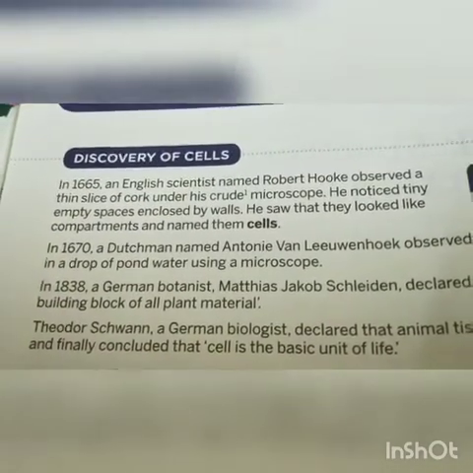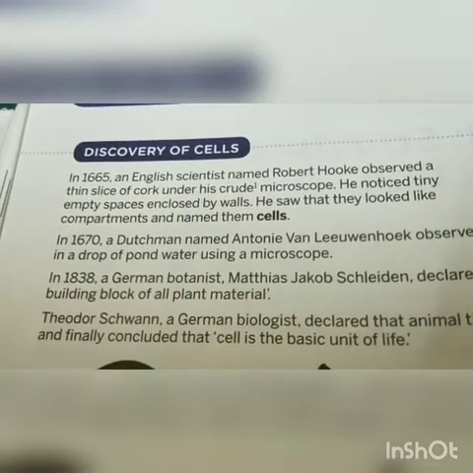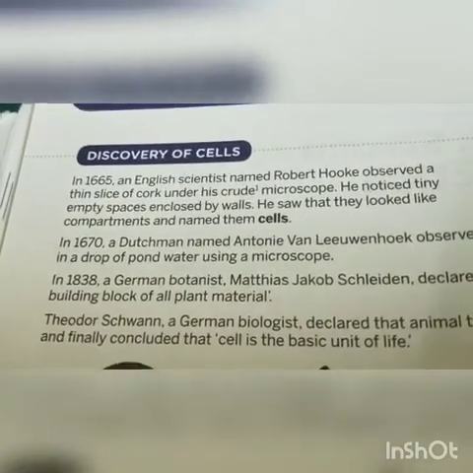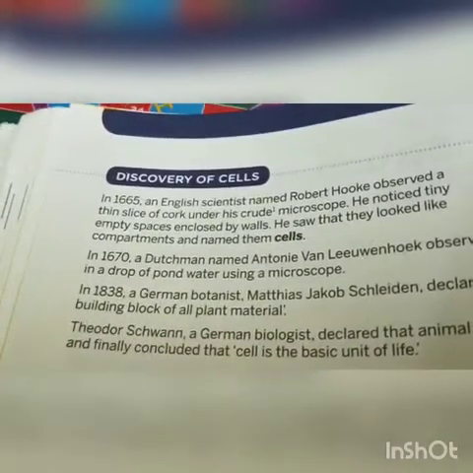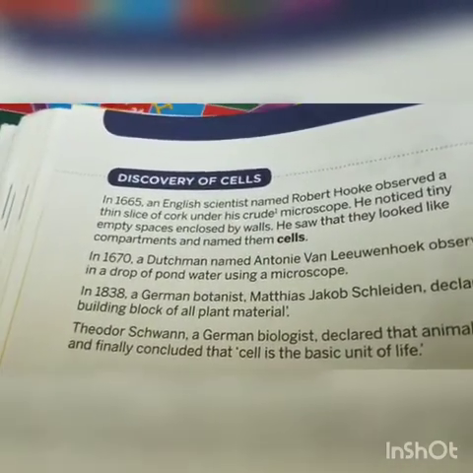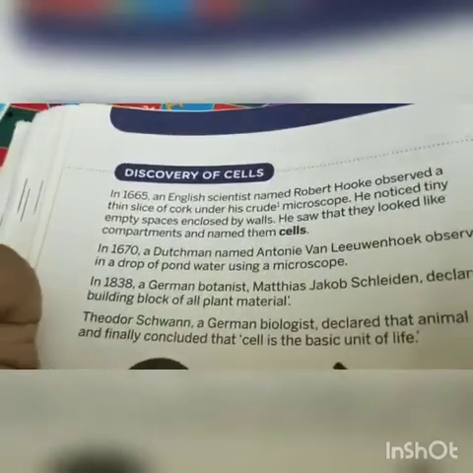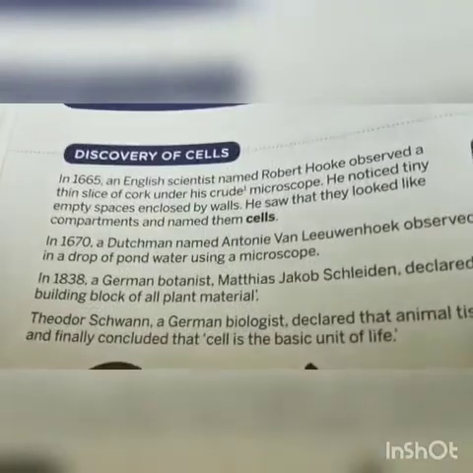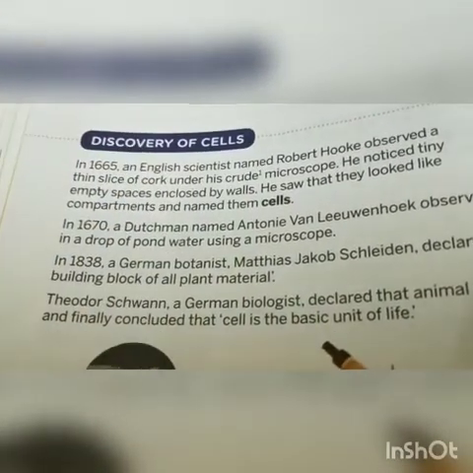Nowadays it is not so popular, but before it was generally used as a lid of a glass bottle, where we used to keep chemicals. So in that bottle it is used as a lid to close the bottle.